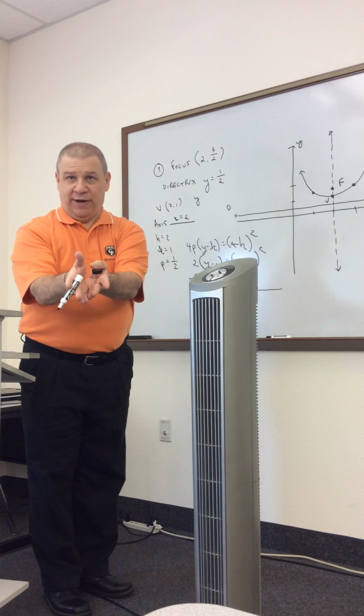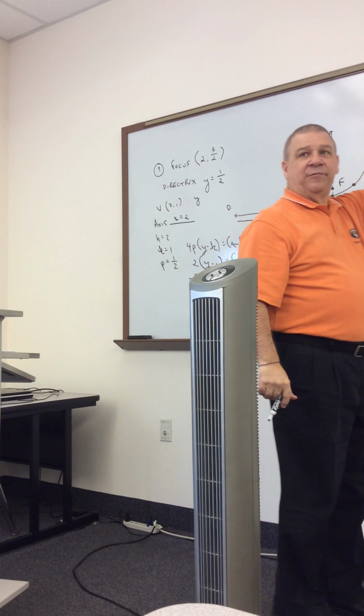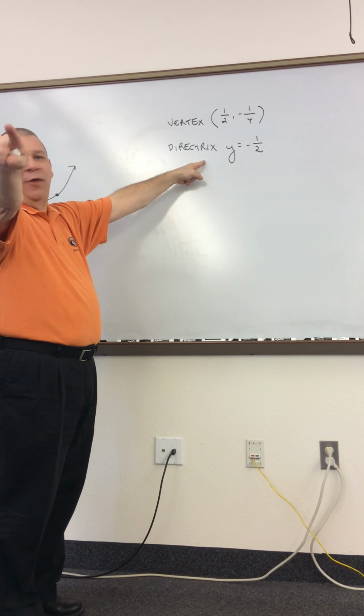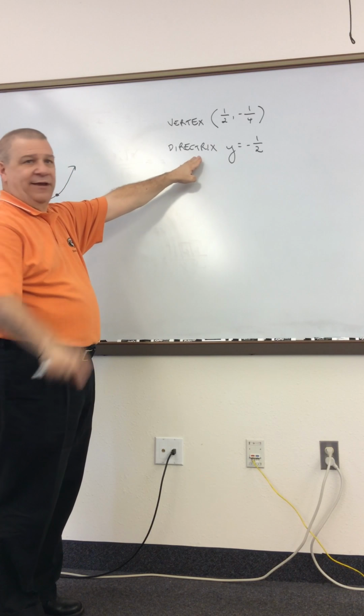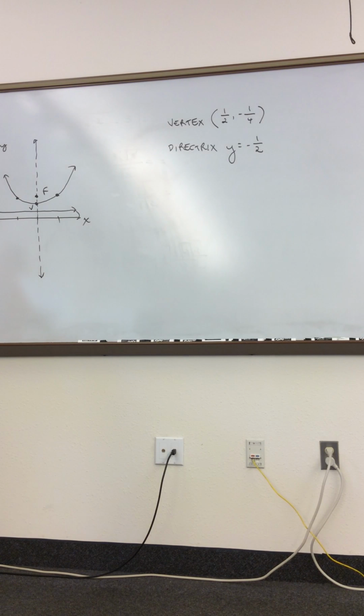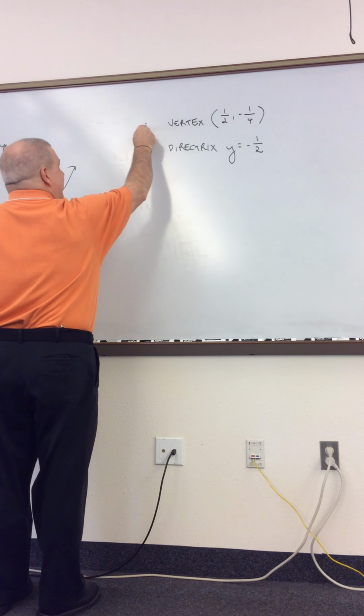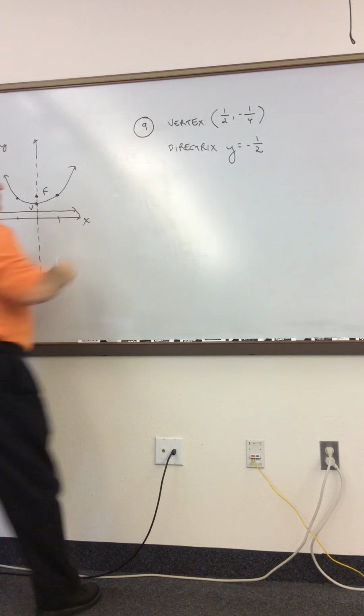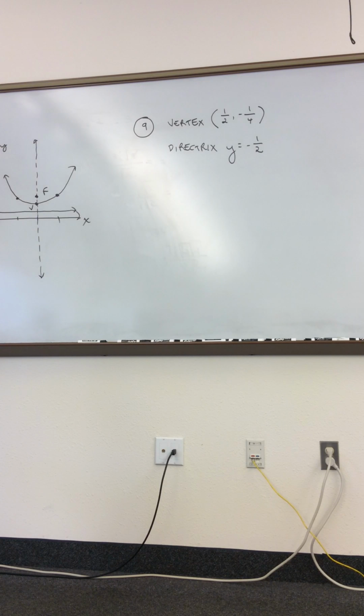Go in your notebook right now and copy down this right here. Don't go on one of those graph paper sheets I gave you, or the handouts. Write this down. This is number 9 on the worksheet. Right, this is going in your notebook.